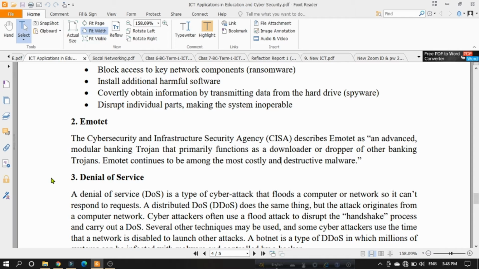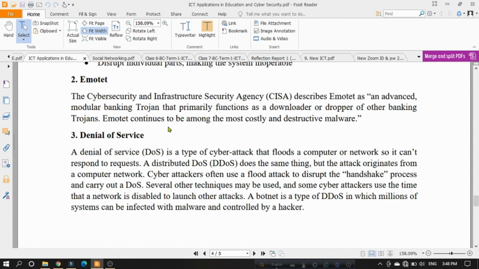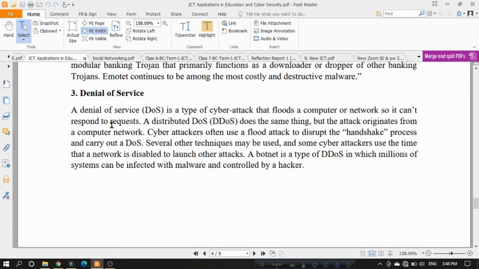Emotet continues to be among the most costly and destructive malware. These are the points. You can write the points and some lines about the points, what you understand in your own words.